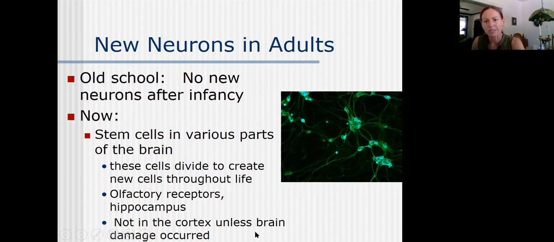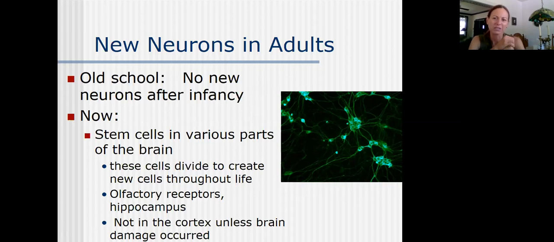We have found stem cells, these baby cells that haven't differentiated yet, in various parts of the brain. We see them in the hippocampus and the olfactory receptors, and they do divide and migrate and become new cells throughout life. So we do get some formation of new cells, but certainly not at the rate that we do as a baby, and not in the cortex.